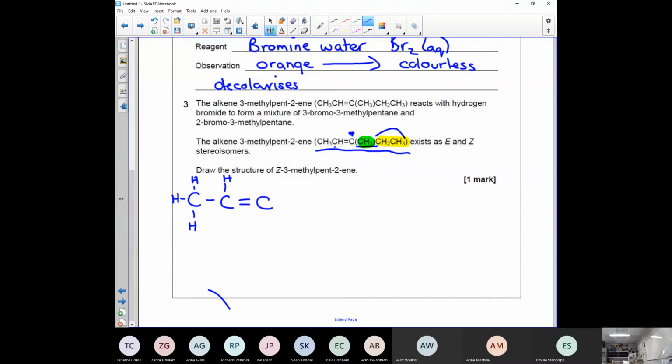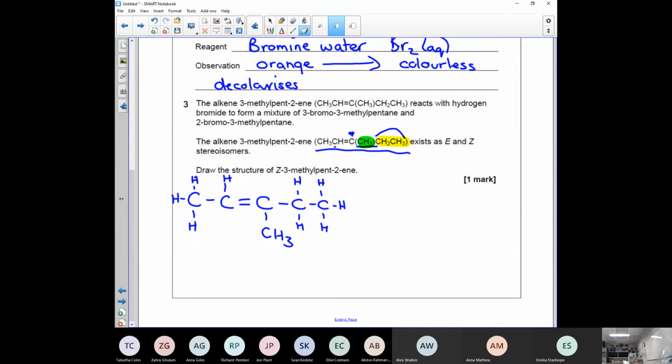So when I draw it out, I'll have a CH3 attached to that carbon and a CH2 over there. So I always draw those structural formulas out into a displayed formula way so I can actually see what's attached around my double bond.